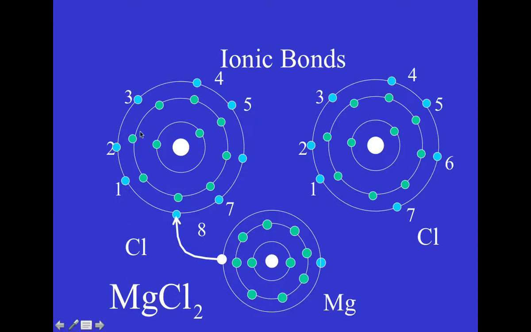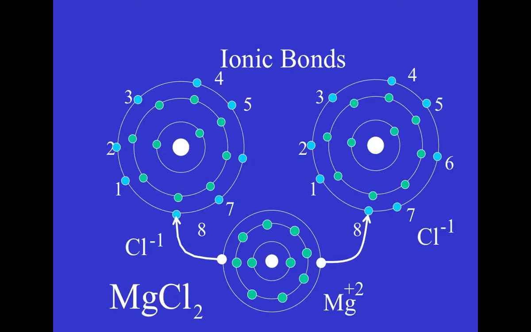But the magnesium still has this extra valence electron here. So it needs to give to another chlorine atom to give it 8 and make it have a -1 charge. Now, on the magnesium, by giving away those 2, it exposes the full ring underneath, and the magnesium actually ends up with a charge of +2.